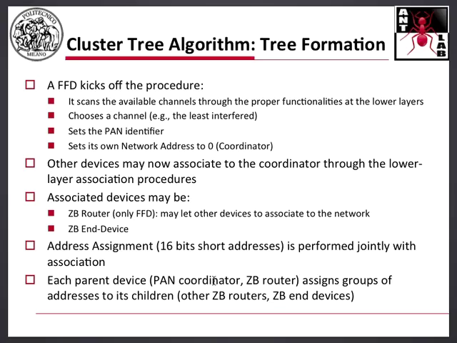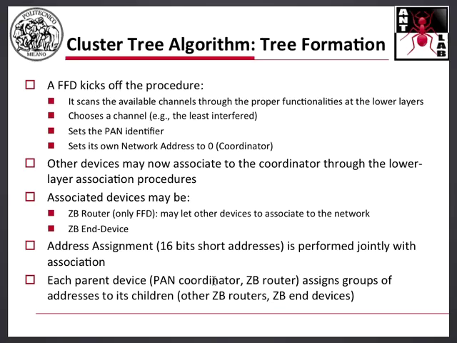And then it sets its own network address, which is a ZigBee kind of address, to 0. That's by default. So the ZigBee coordinator, which is the PAN coordinator at the lower layers, has a network address set by default to 0.